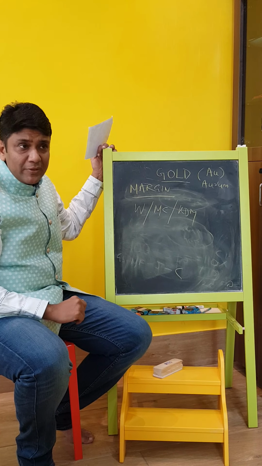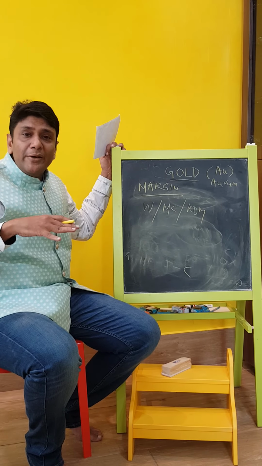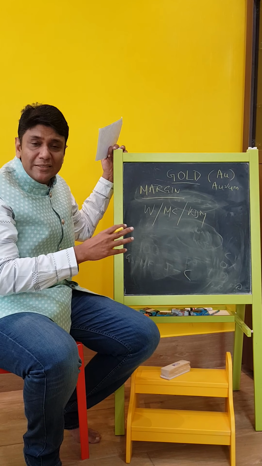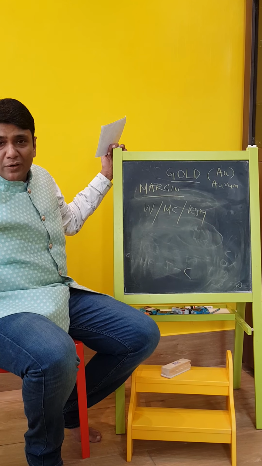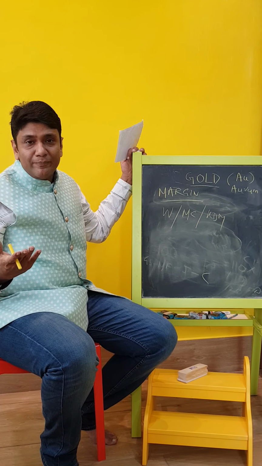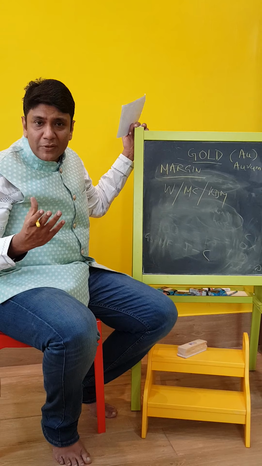But before that, in order to compare different jewelers, we need to compare them on a common platform. Let's say you are comparing one jeweler who sells good quality 22 karat gold and another jeweler who sells poor quality; then you will not be able to compare. So this became a major problem.